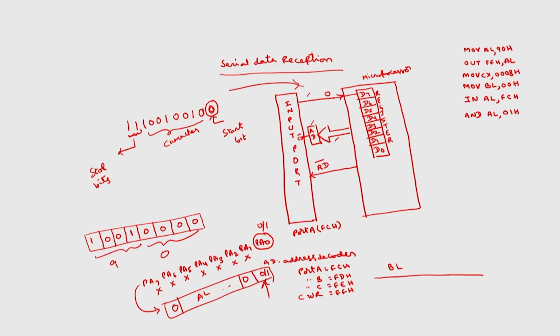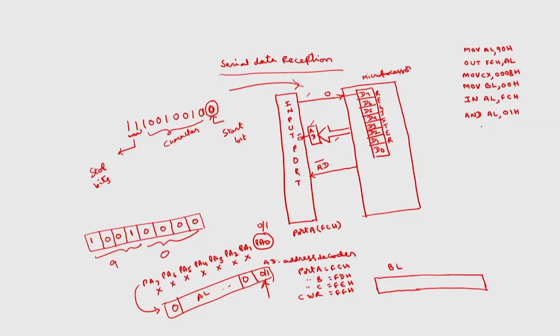Okay. But the first bit will be the start bit. Until the start bit is 0, I have to wait, because if the start bit is not 0, that is not a valid character. So, what I have to do is, after ANDing with this, jump on carry here itself.